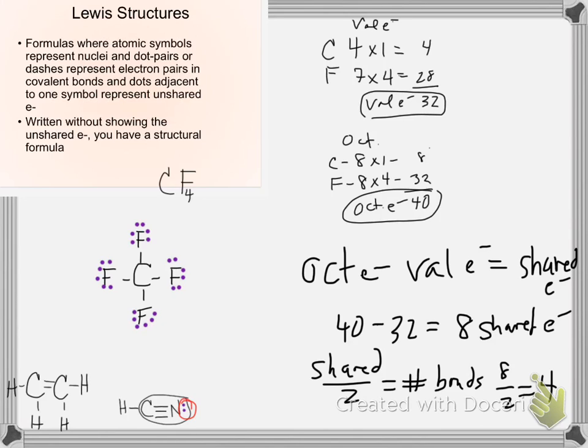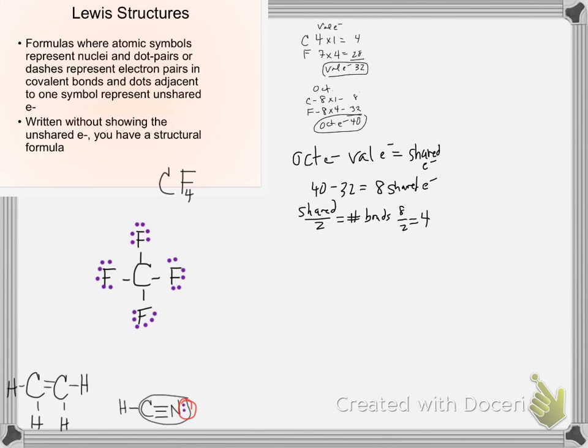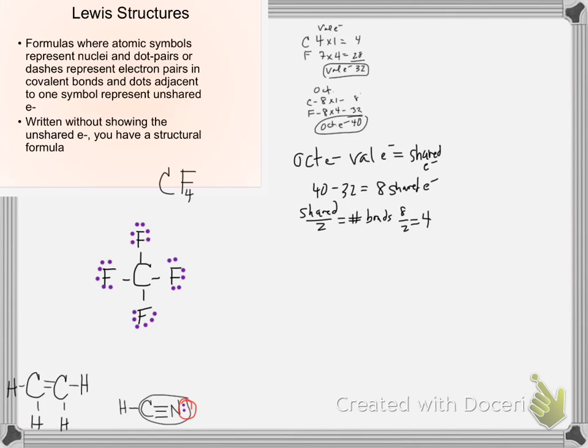Now, we can check our math to see how many unshared electrons there are, because the beauty of the Gooch method is that it's all mathematical. So we know that these came in with 32 valence electrons. How many are they sharing? 8.